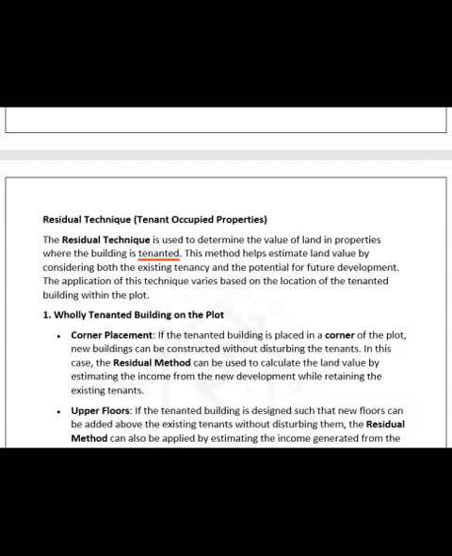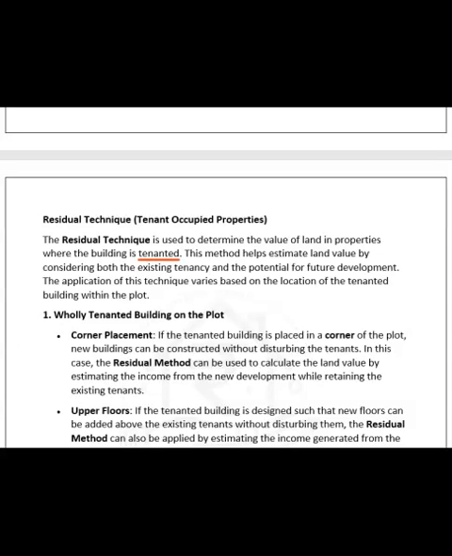The same technique we used earlier. Here, first we will calculate the capitalized value of the property from the earning of income, that is the rent income. This method helps estimate land value by considering both the existing tenancy and the potential for future development. The application of these techniques varies based on the location of the tenant building within the plot.